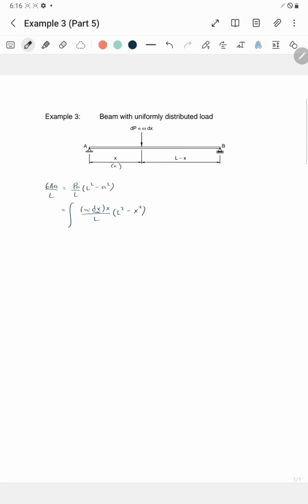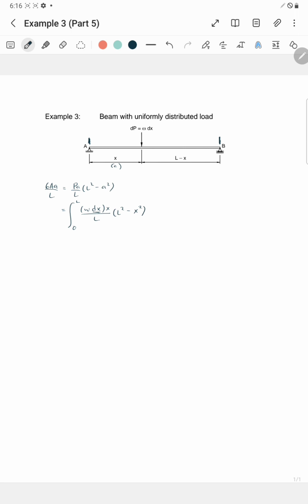Then, limits. Kapag si strip ay nasa left, extremities ng ating uniform load ay A and B, no? So, kapag si strip ay nasa A, then the distance of the strip from point A is 0. So, that will be our lower limit. Then, kapag nasa kabilang extremity naman, at point B yung strip, then the distance of point B from our reference A is L. So, the upper limit is L.